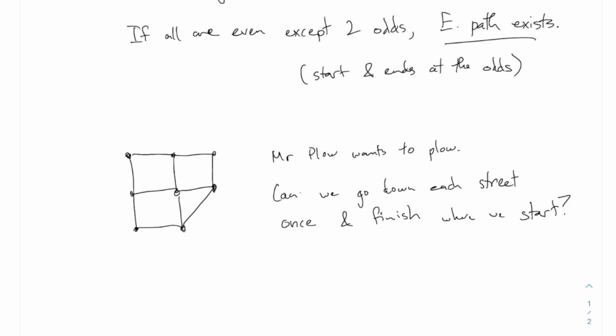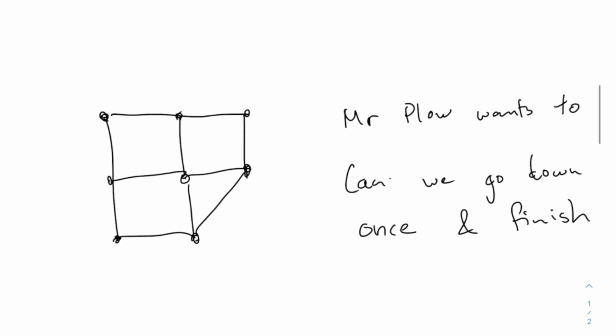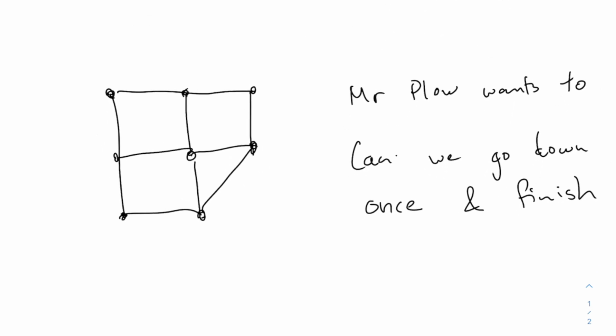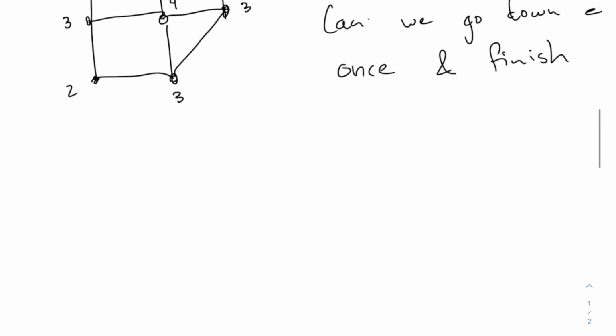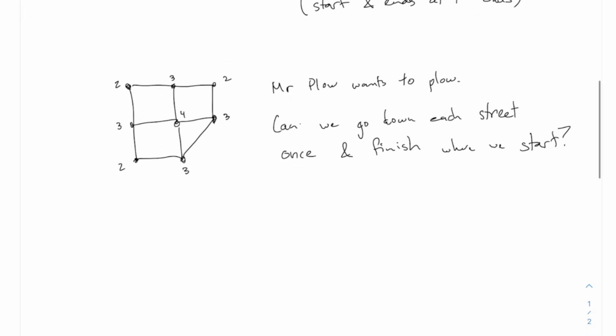So I'm going to look carefully over here. Can I just write in the degrees here? This one here is degree 2 because there are two edges which meet this vertex. So that's a 2. That's a 3 because there are 3 edges right there. That's a 2, a 3, a 3, a 2, a 3, and a 4 in the middle. All right? Those are all the degrees of the vertices here.